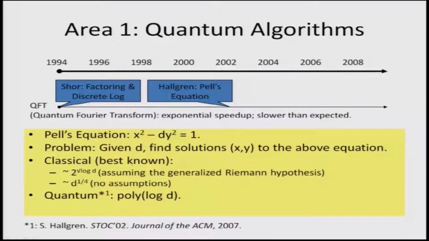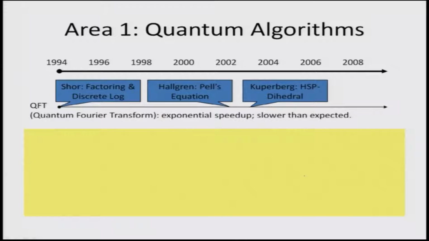The best known classical algorithm is 2 to the power root log n, assuming the generalized Riemann hypothesis, whereas without any assumptions it is d to the power 1/4. In quantum it is polynomial in log d. So this is also a very important development in recent years.